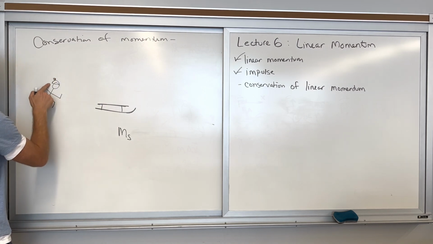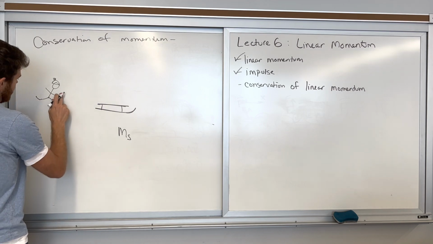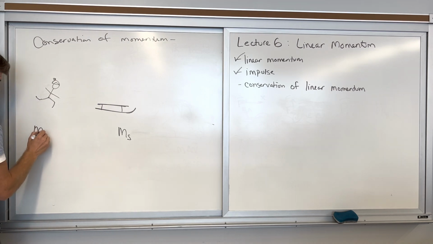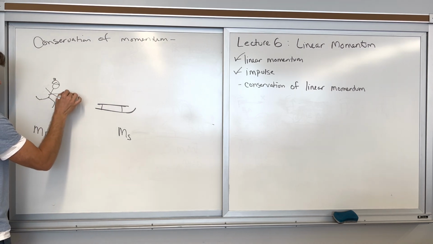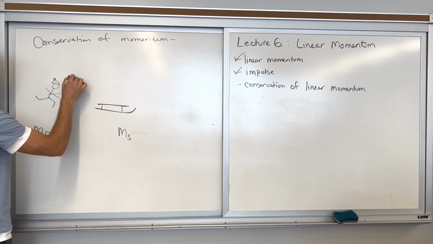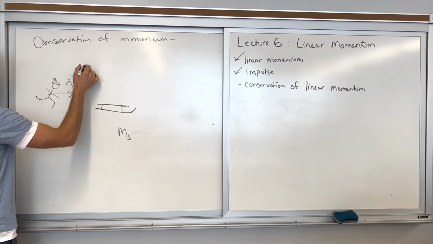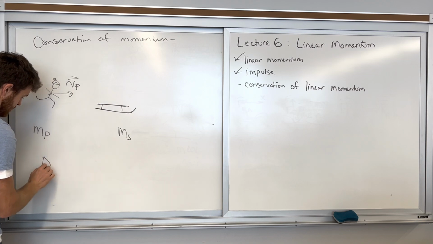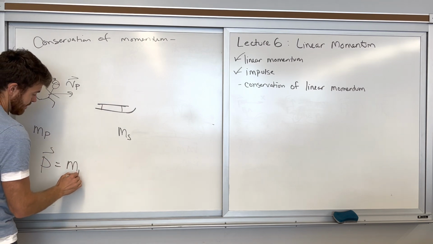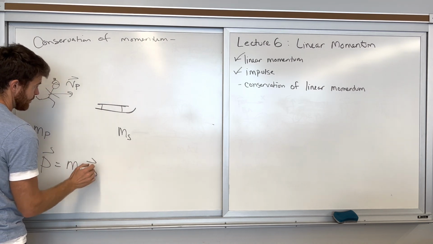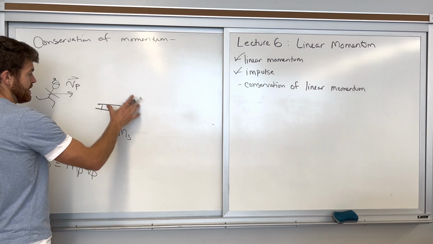It's winter time. This person has a mass m_p, and they're running with a velocity v_p. So the momentum before is the mass of the person times the velocity of the person. And this sled's at rest.